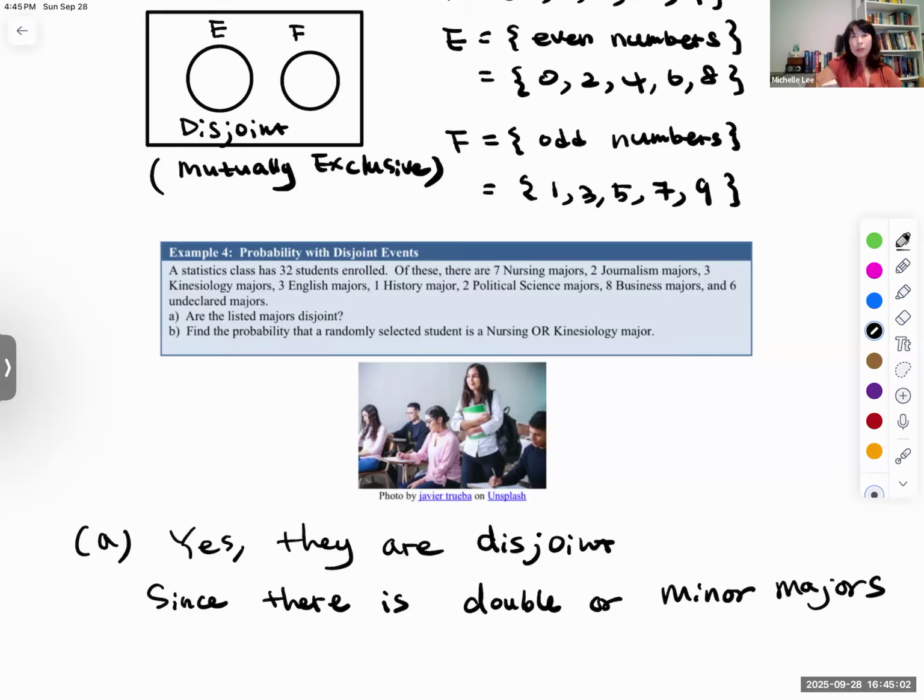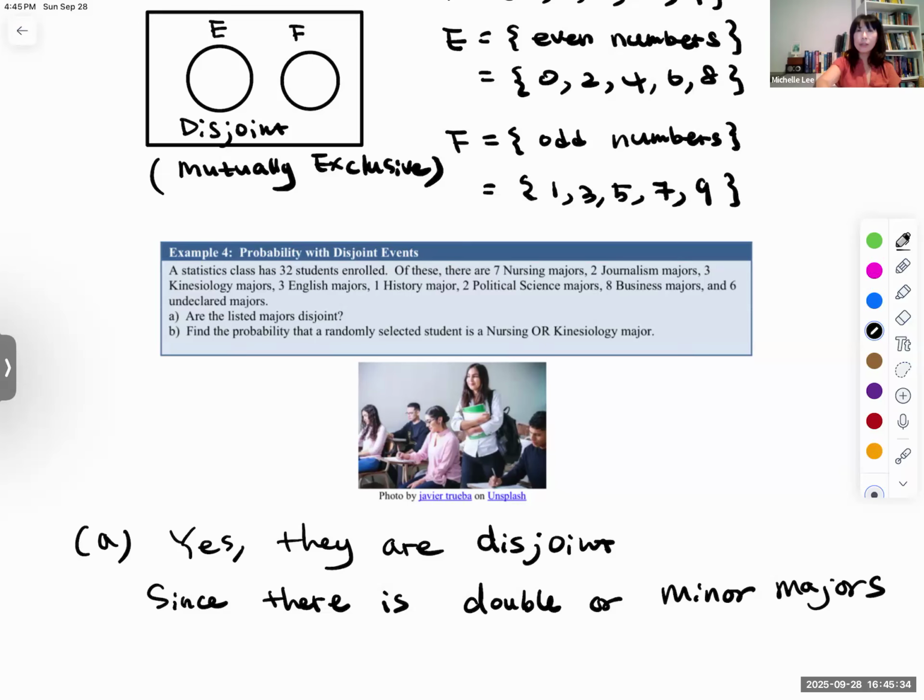And then the second part: find the probability that a randomly selected student is a nursing or kinesiology major. So how do you do it? Is it disjoint? Yes. And we have an OR part, so we know we add, right?